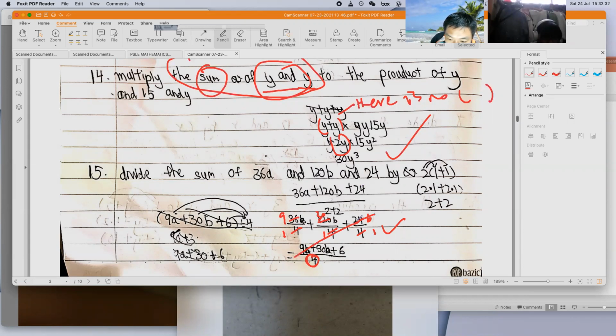Can you redo the question? Start from here. Can or not? Okay.